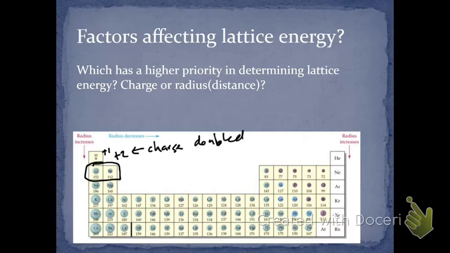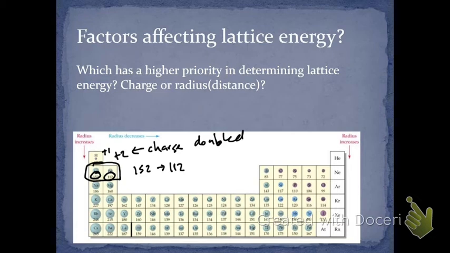But what happened to the radius? It went from 152 to 112. Did the radius halve or decrease by double? The answer is no, right? Like if it was 152, a decrease by half would be 76.